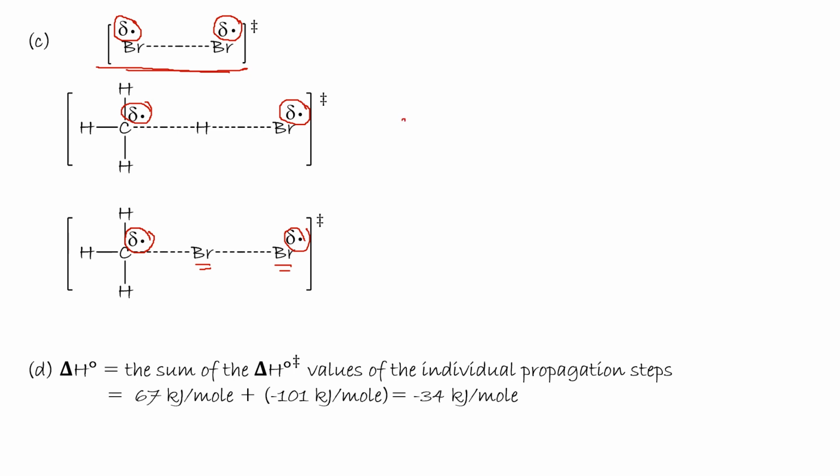Remember that this is carbon-H reacting with Br radical. When we get these together, this will be the transition state, and in here this will be the reaction of this radical with Br.